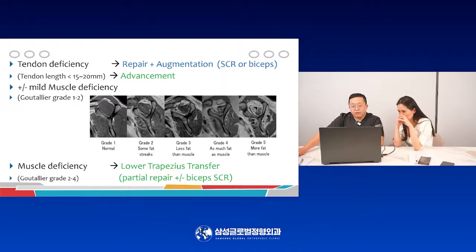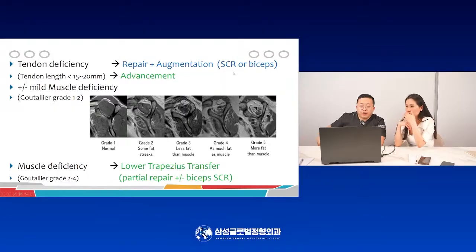A scaffold could be needed. Dr. Mihata invented the superior capsular reconstruction. SCR with the tensor fascia lata tendon, and also biceps rerouting, could be a great option. Another advancement could be a great option also.